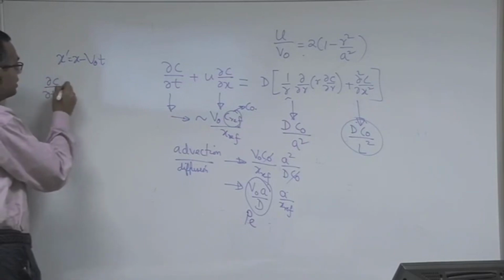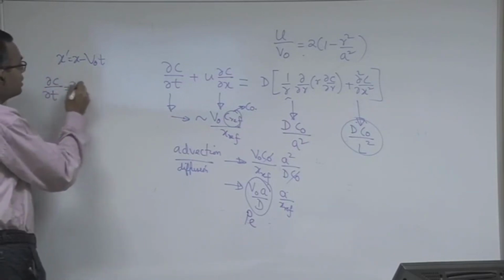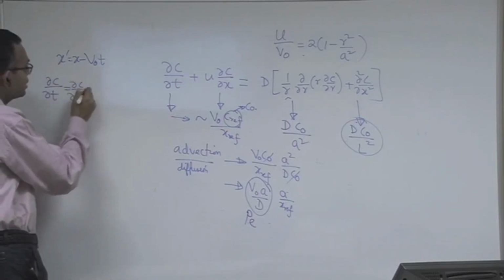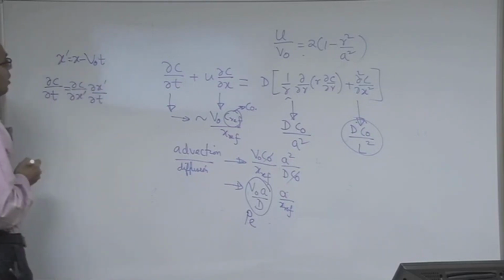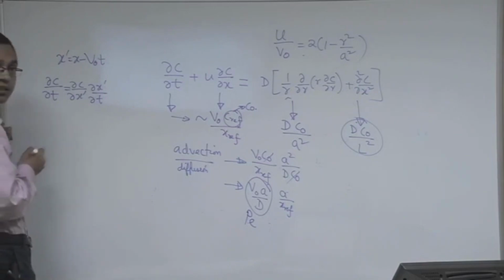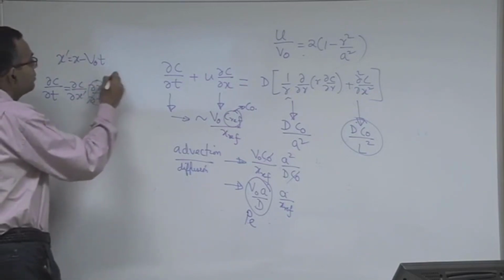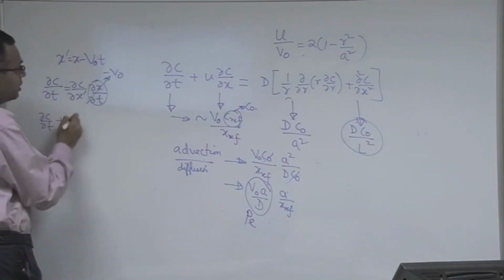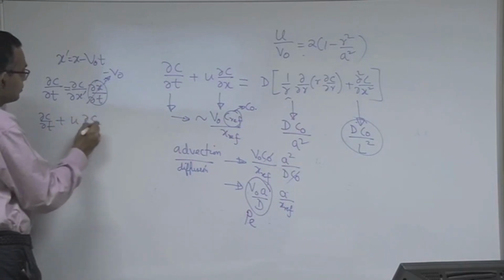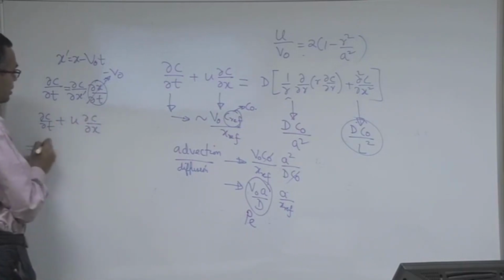So del C del t you can write as del C del x dash into del x dash del t. What is del x dash del t? Minus V0. So del C del t plus u del C del x, what is this?